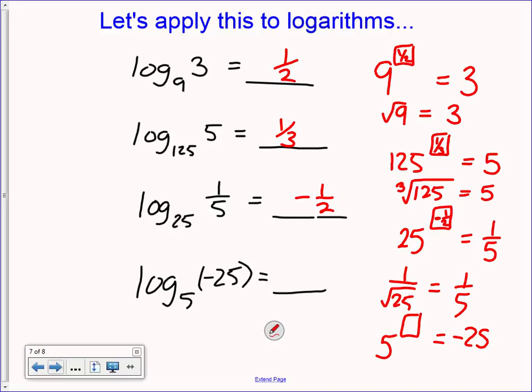So this actually has no solution. You cannot find the logarithm of a negative number, and you'll understand that a little bit more when we start graphing logarithmic functions. The domain is actually x is greater than 0, but just know for right now you can only plug in values greater than 0 into a logarithm. Okay.